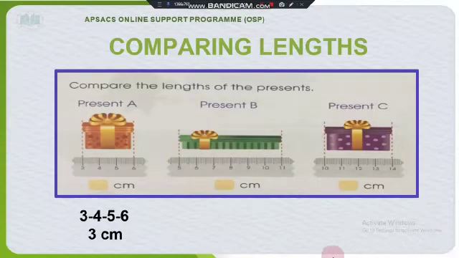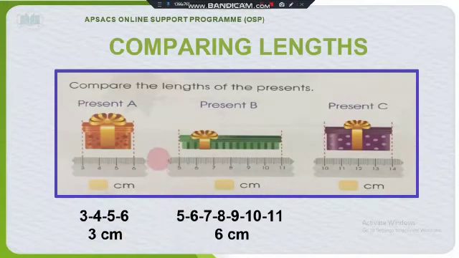Now see, the first one, present A. When we start counting, we will not count 3 as 1, because I told you children that from 3 to 4, from one marking to another, we have small markings in between. So when we start from 3 and go to 4, it will count as 1, 2, 3. So what is the length of the first present, present A? 3 centimeter.